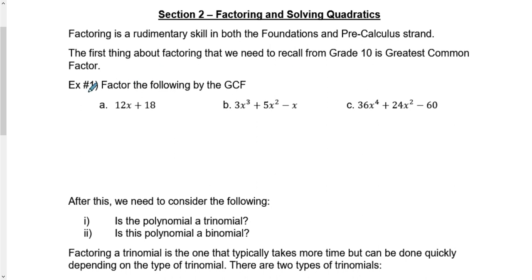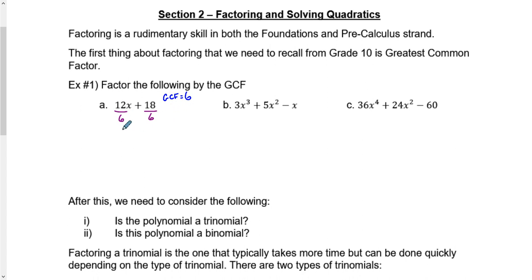So to factor by the greatest common factor, we need to look and see what's common between 12 and 18. Well, the greatest number that's common between 12 and 18 is 6. Again, as we talked about in grade 10, factoring is like dividing. It's not actually dividing, because when we divide, and I'm saying that in quotation marks, we would actually get rid of this 6 factor.